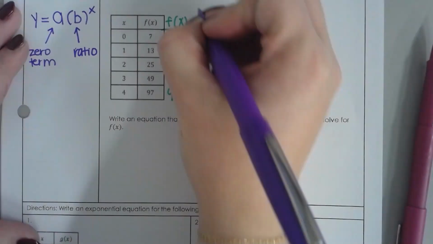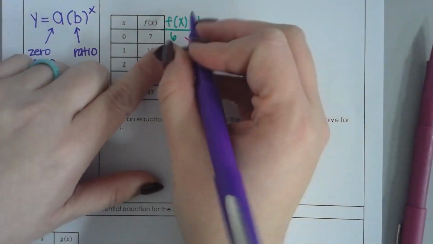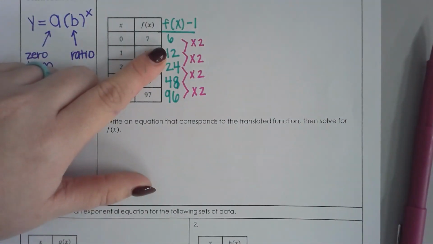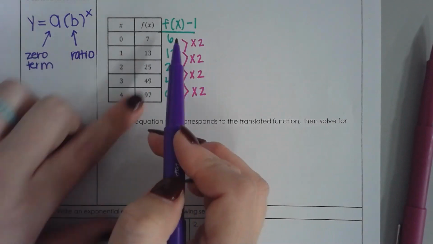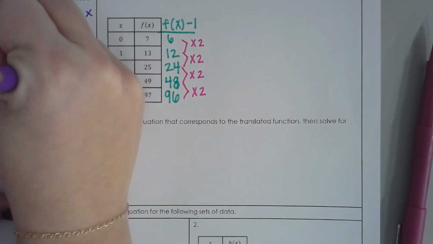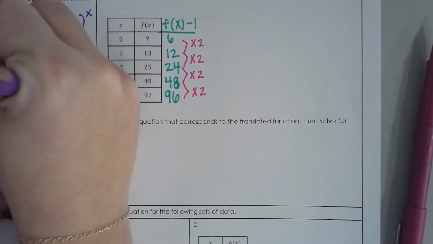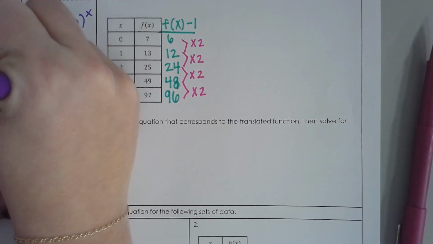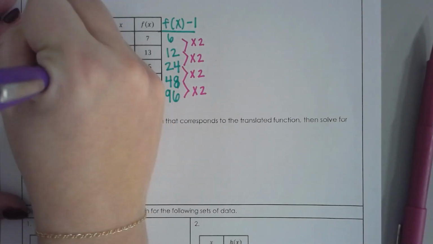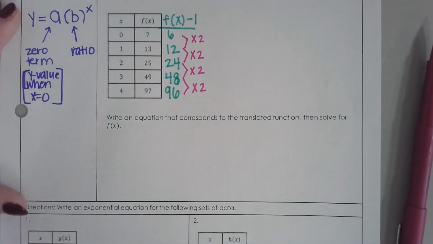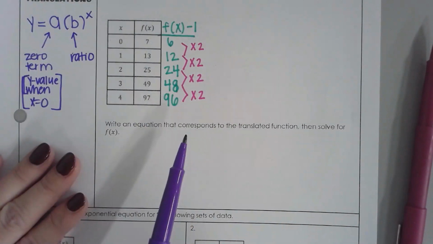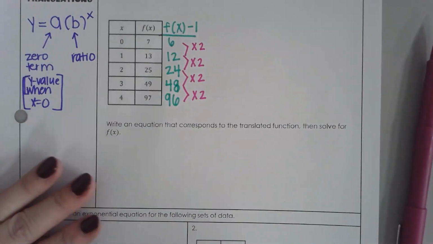So I'm going to call this f of x minus 1. My zero term is the y value when x is 0. So if I'm looking at my translated, my green, what is the y value when x is 0?